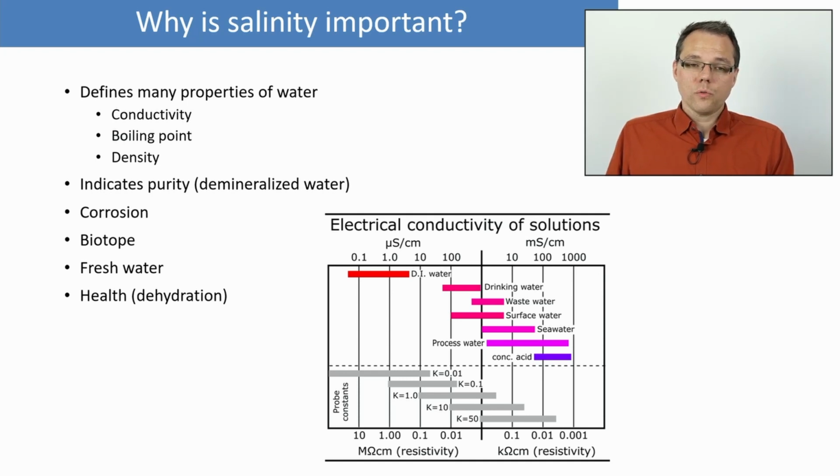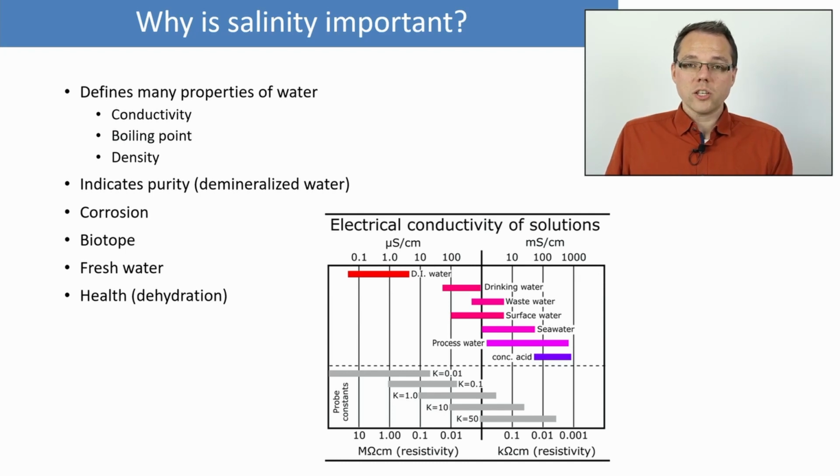Then it's important for the environment, right? It's a different biotope if you have salty water, non-salty water, or a mixture of that. Then fresh water, I mean drinking water, is only available until a certain amount of salt is in there. And of course, salinity is sometimes an indication for health.